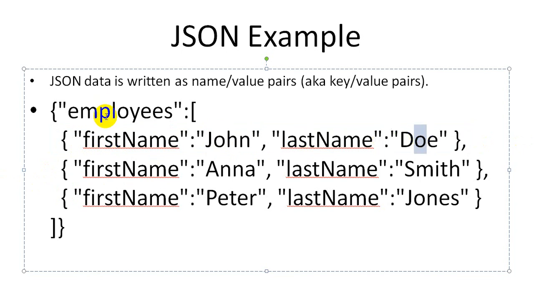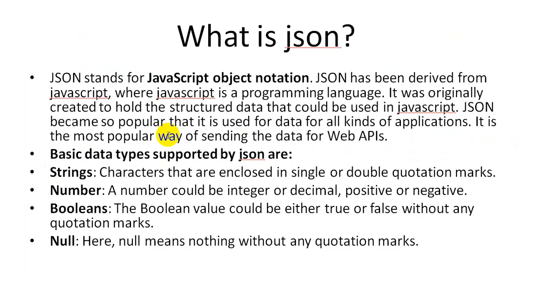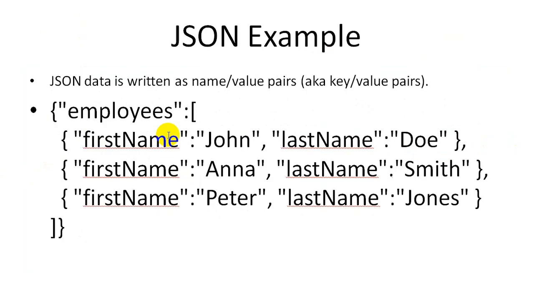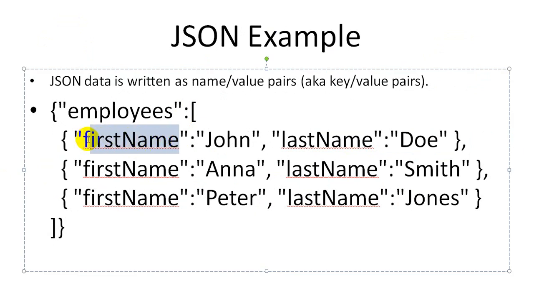So what happens? We use quotation marks for the name of the key, and then we close it, and then again for the value. The parts of the JSON object we separate by comma.